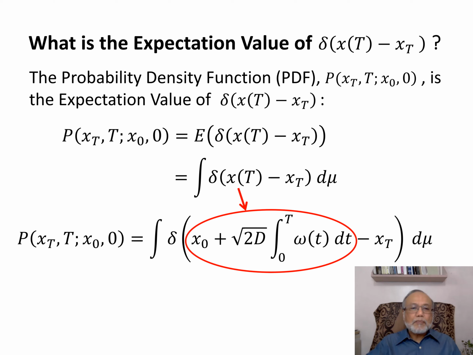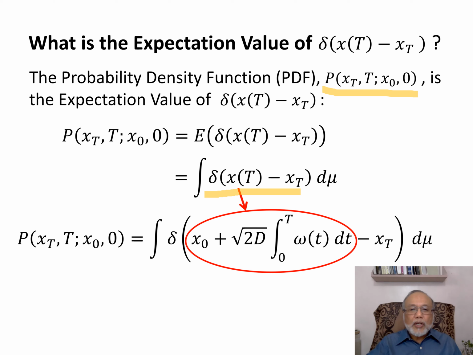In fact, the probability density function, which we denote by capital P, is the expectation value of the delta function. It is an integral where we sum over all Dirac delta functions with non-zero contribution of the paths, and summing is essentially integration.